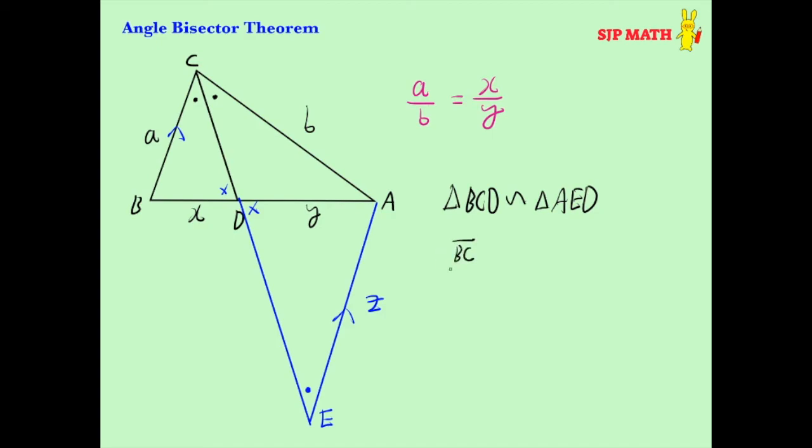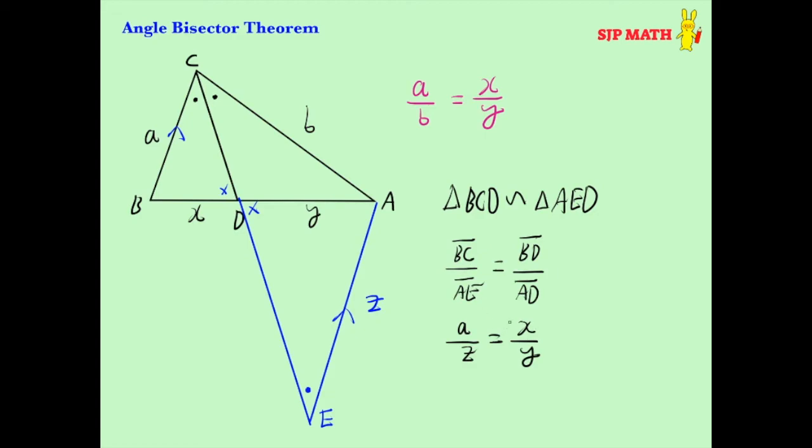The length of BC to AE is equal to BD to AD. So we know the variables that represent these values. So let's write them down. So BC is equal to a, and AE happens to be equal to z, and BD is equal to x. And AD is equal to y.